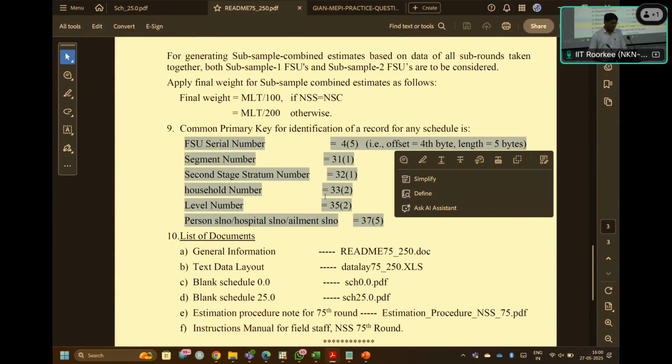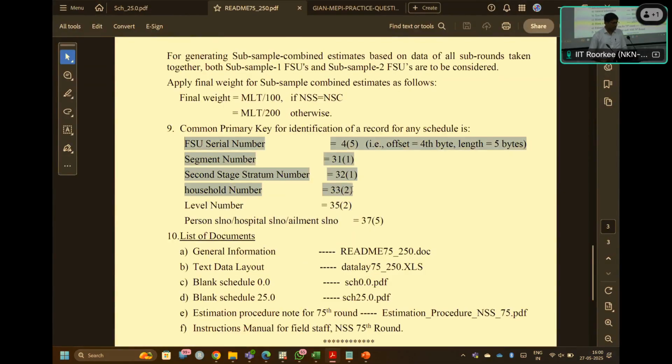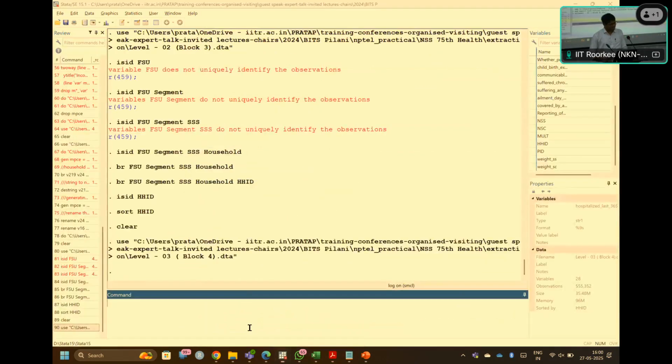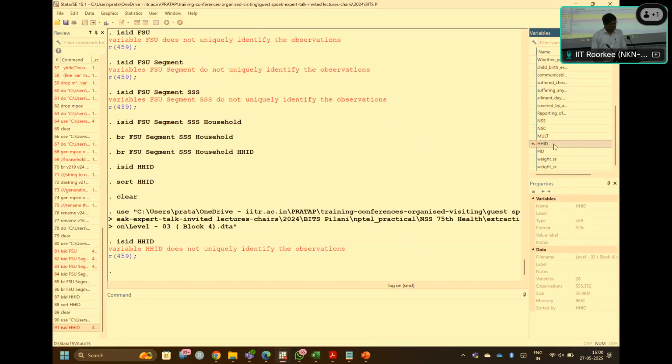If you are only carrying till household file, it's not going to be uniquely identified. So I'll just show you here. This is our individual file. Now I'm going to check ISID with this HHID, the HHID which is created. So this is not uniquely identified. This is what your question is all about.